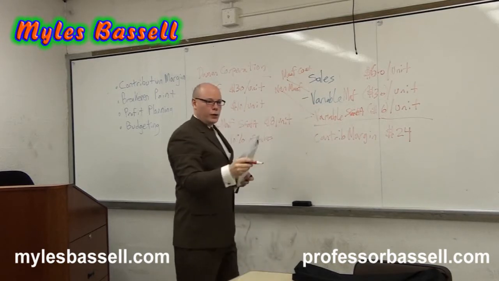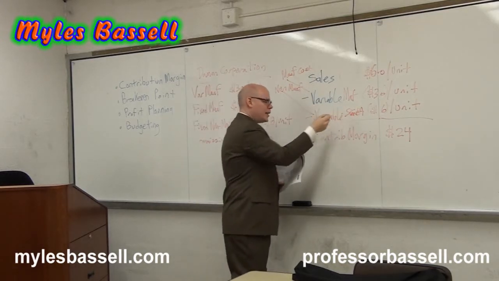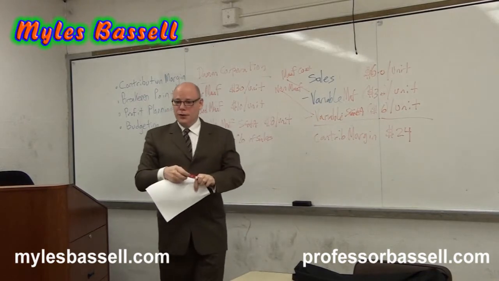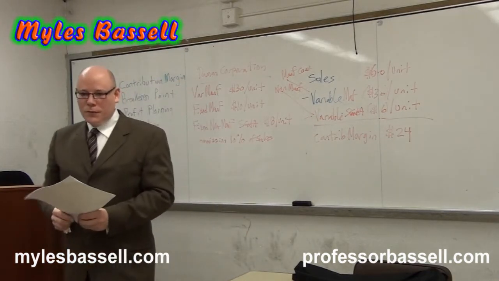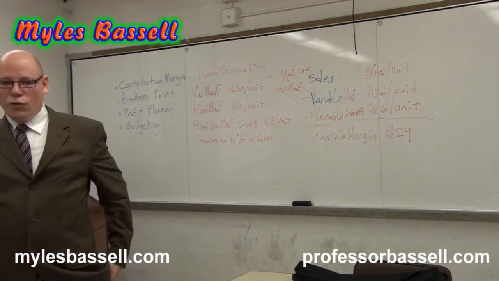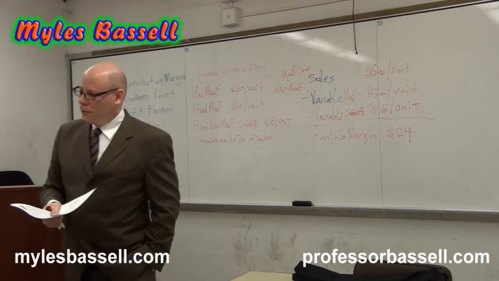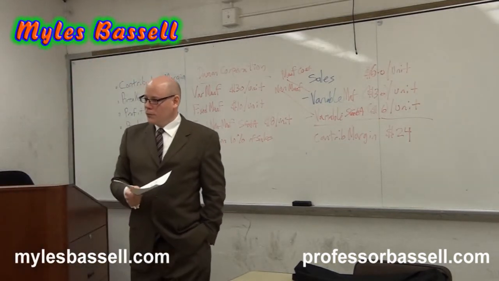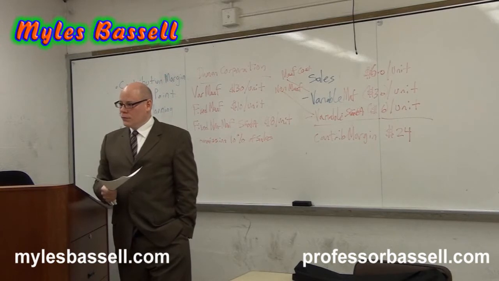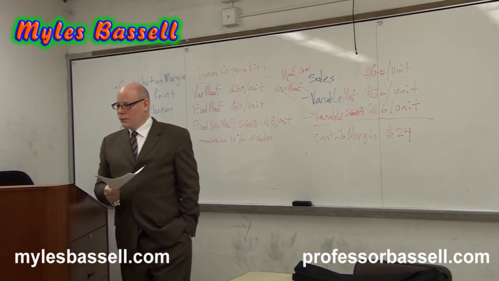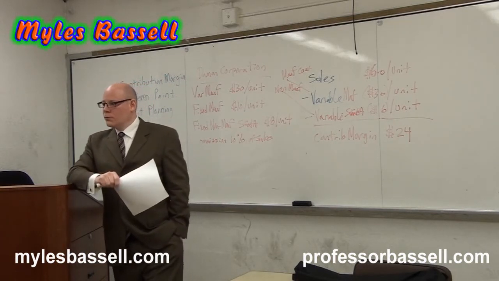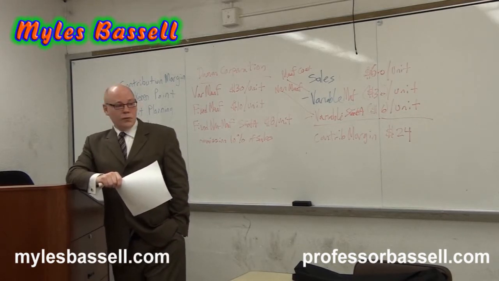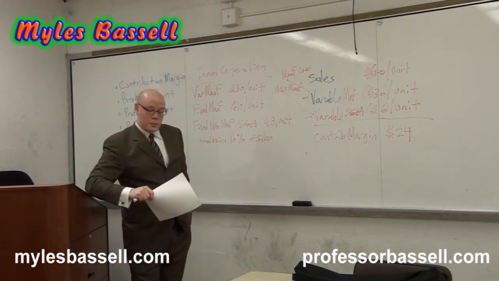But they're both variable. Why? We said this is commission. Commission is very good. Well, why? Because we don't know exactly how many units she's going to sell. Because we can't make a fixed cost of commission.